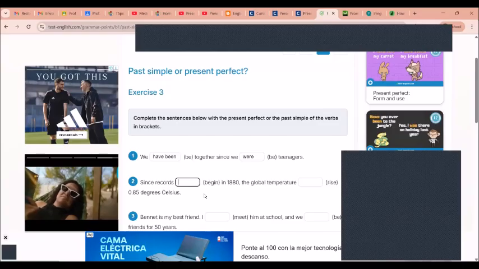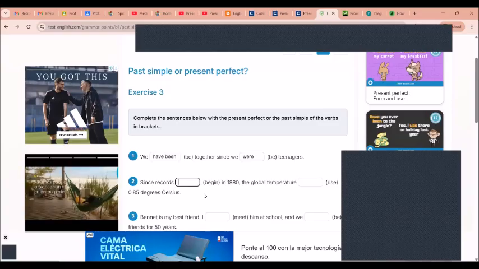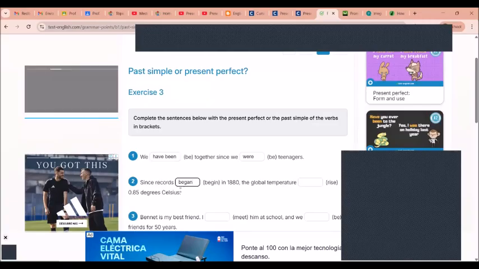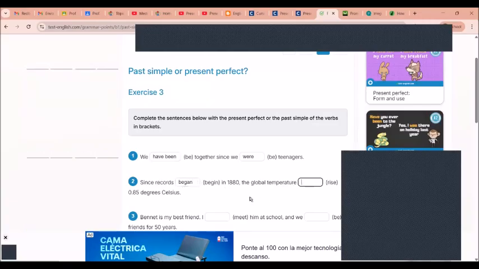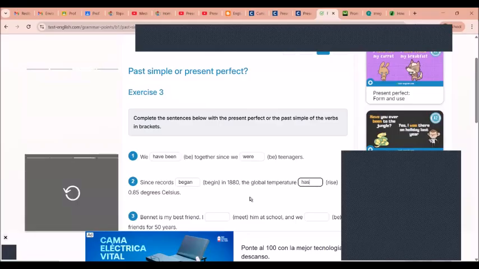Science records have begun. Began. Irregular, simple. Began in 1880. The global temperature has risen. From then to today, connected to your present.